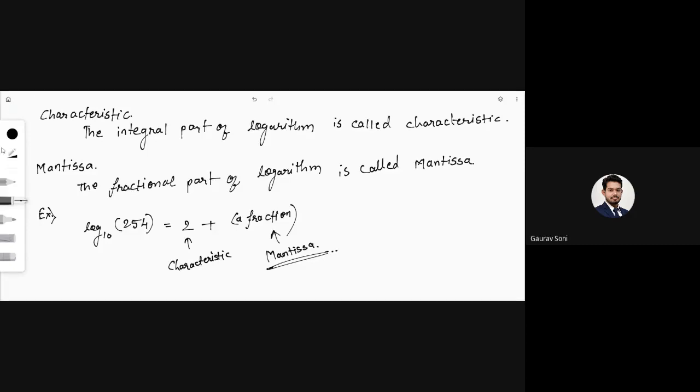Now, up to this, if you haven't understood what is characteristic and mantissa, then these rules are for you. So you can find the logarithm of any number using these rules.